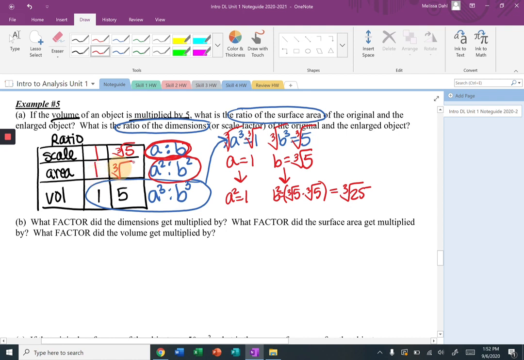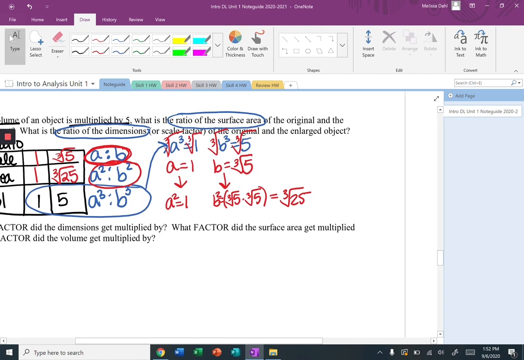And this gives you all of your ratios. So our surface area ratio is 1 to the cube root of 25. And our dimension ratio, remember dimensions is the same as side lengths or scale. So our dimension ratio is 1 to the cube root of 5.